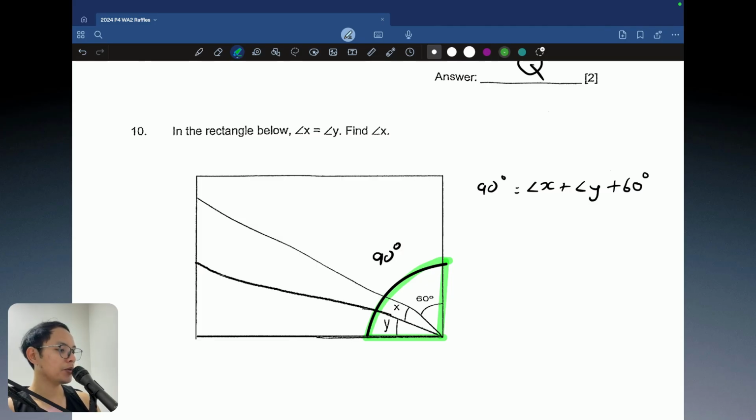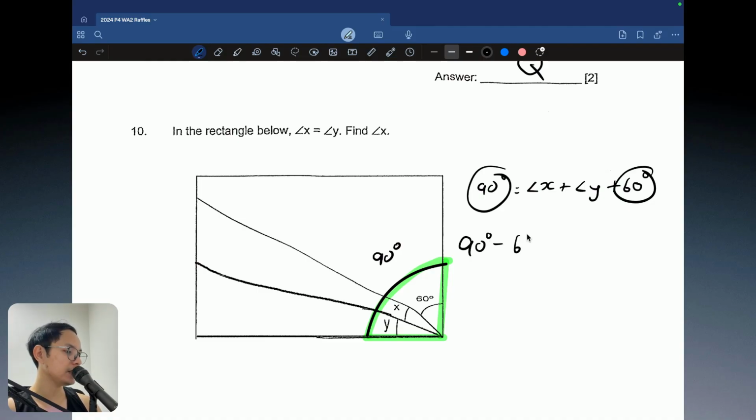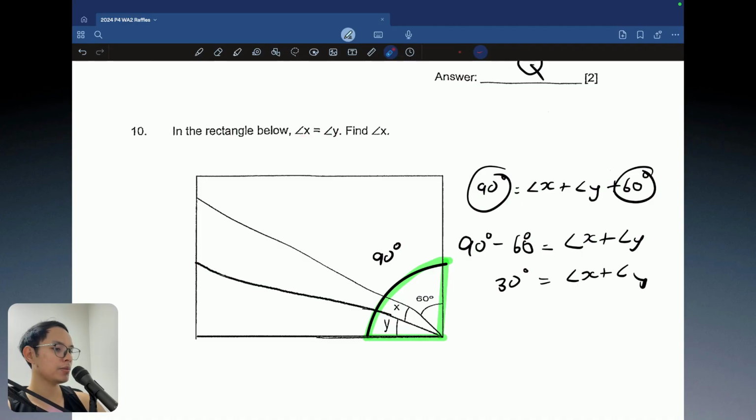So now we want to get the x and y over here. That means we can minus, right? So 90 degrees minus 60 degrees is equal to angle x plus angle y. So this should be 30 degrees, equal to angle x plus angle y. Since angle x is equal to angle y, what does that mean? That means, for example, if angle x is equal to 10, then angle y is equal to 10.